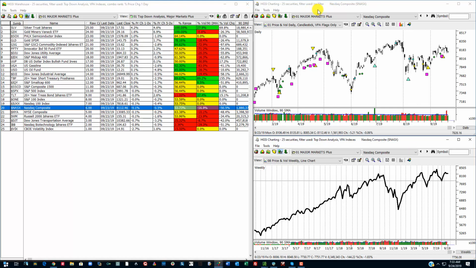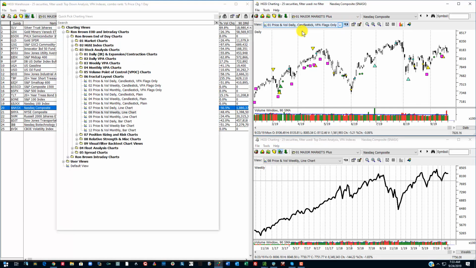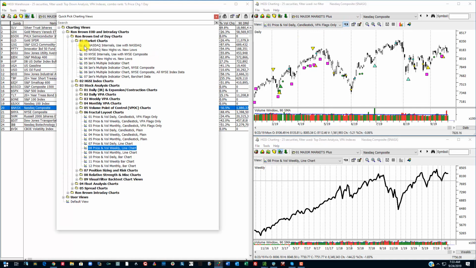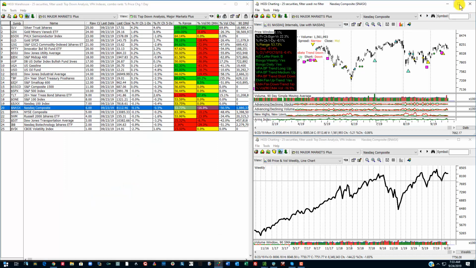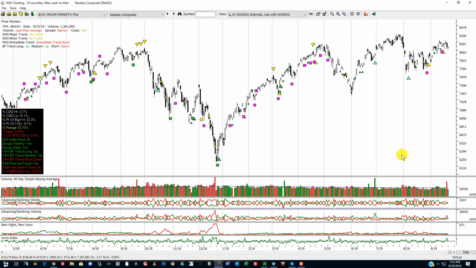Now I'm going to go to a different chart here, and this is up in the market charts. I'm going to use the NASDAQ internals, or this chart right here, and it's a daily chart. What this does is it shows me the internals of the NASDAQ.